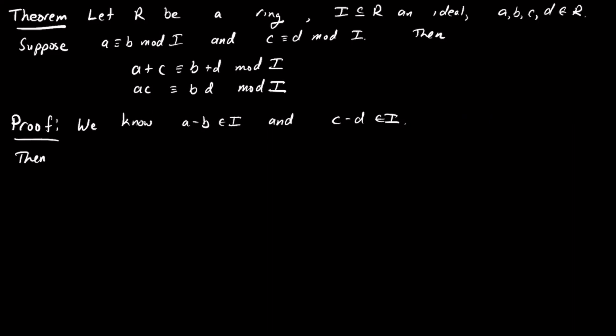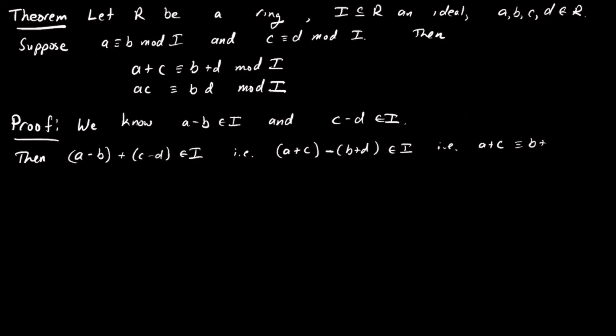I know I is a subring, so that means that A minus B plus C minus D is an element of I. In other words, if I rewrite this, A plus C minus B plus D is an element of I. In other words, A plus C is congruent to B plus D mod I. Okay, so the first property holds, right? The first property we get just by adding A minus B and C minus D.